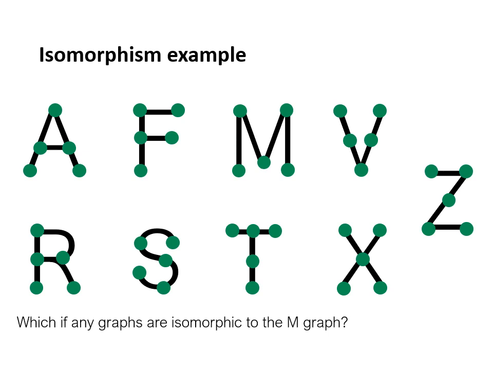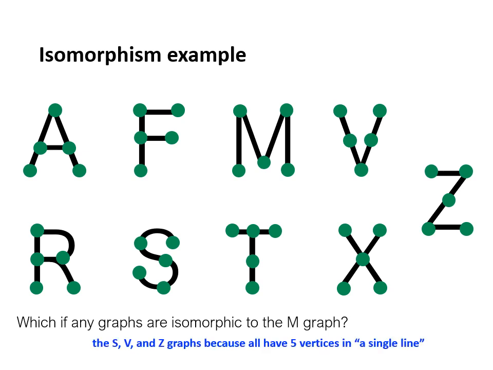Now our first example question is, which, if any, of these graphs are isomorphic to the M graph? If you look at the M graph more carefully, you can notice that it's basically just a straight line. The intuition behind isomorphism is that any of the other graphs that just unfold into a straight line are isomorphic to M. So what are these graphs?